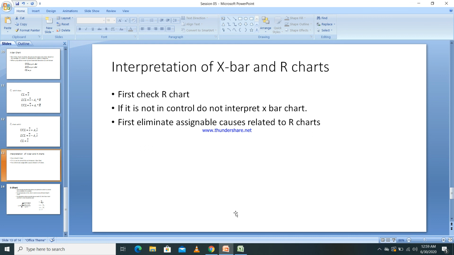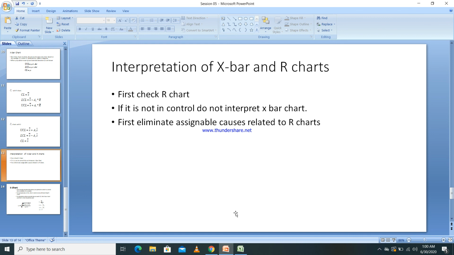If your process is in control, you have no problem. But if it is out of control, you have to stop your process, find out the reasons why you are getting an out of control signal, and then eliminate those causes.